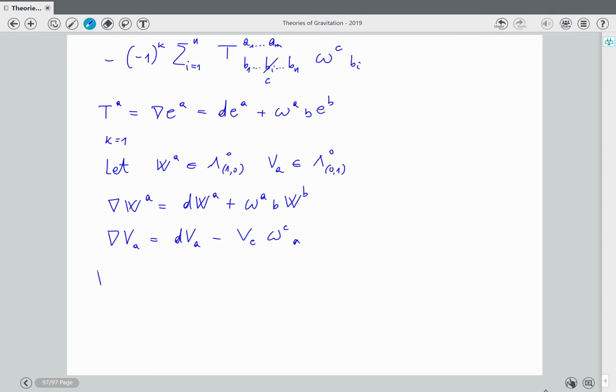So in particular, if you want to compute the covariant derivative of this object, that should be equal to the exterior derivative, and this covariant derivative should obey the Leibniz rule. So this is just a check, we should be able to write this, and then we copy.